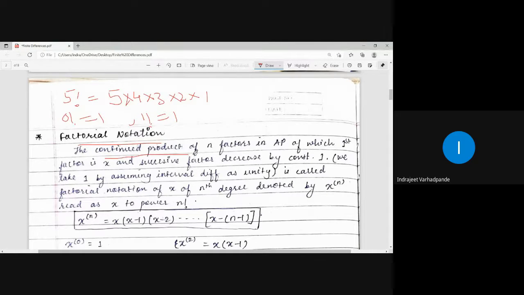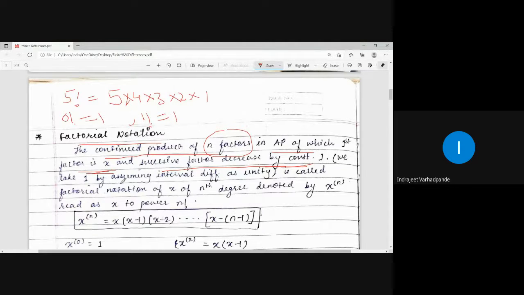The continued product of n factors in arithmetic progression, AP meaning arithmetic progression, of which the first factor is x and successive factors decrease by a constant 1. So suppose there are n factors in arithmetic progression, that means the difference between any two will always be constant.